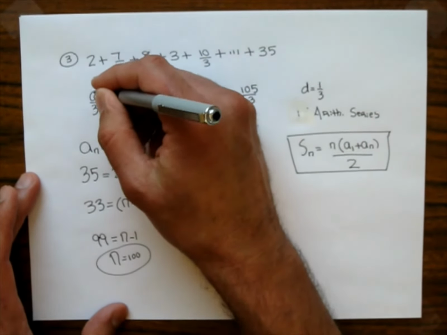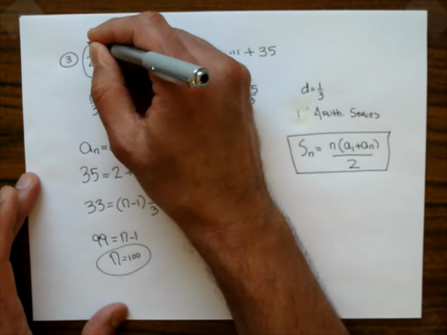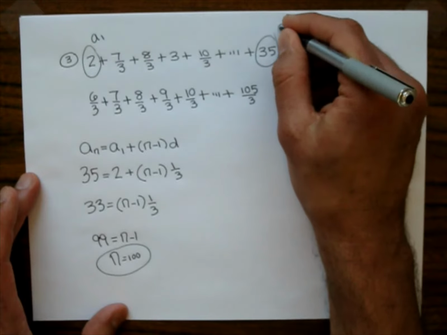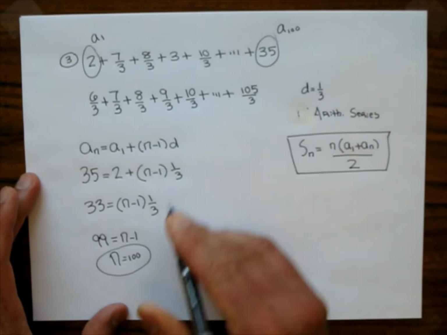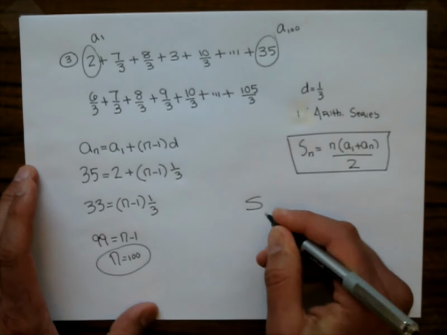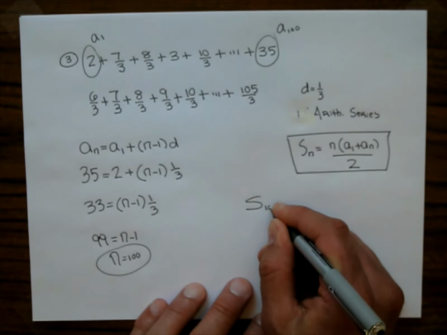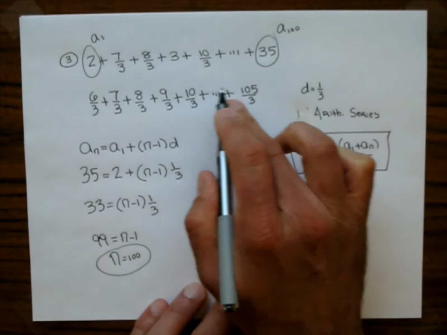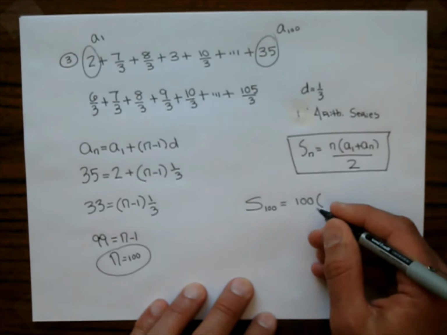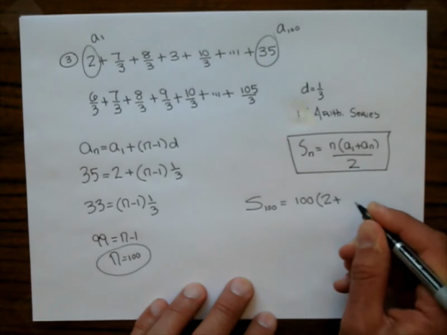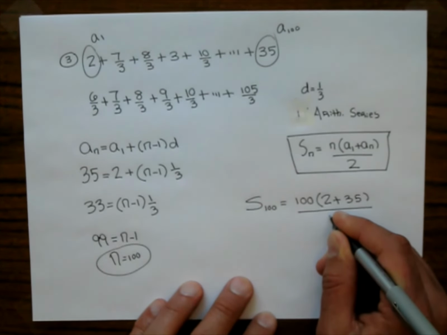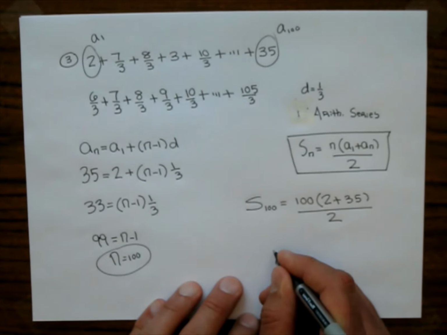Here's a sub 1. This guy right here is a sub 100. We know that because now we figured that out by this. So I'm going to go ahead and sum up the first 100 terms of this series here. I have 100 times (a sub 1, which is 2, plus a sub n, which is 35), all over 2.